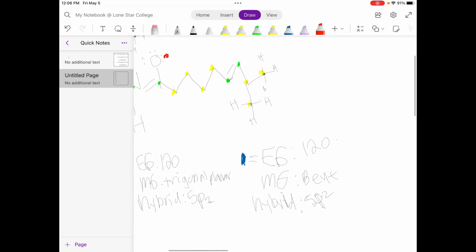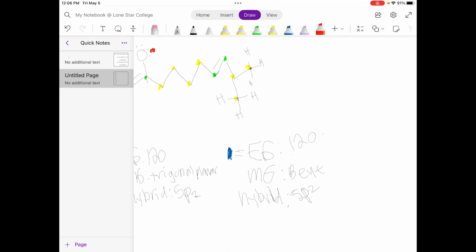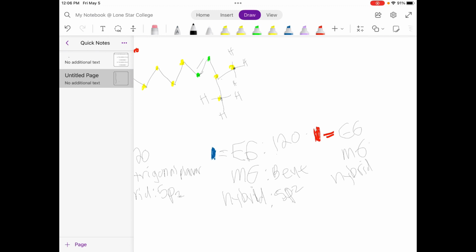We said the red was linear. I said the red was linear. Red equals electron geometry, molecular geometry, hybridization. So linear.